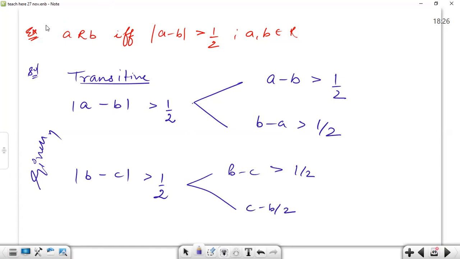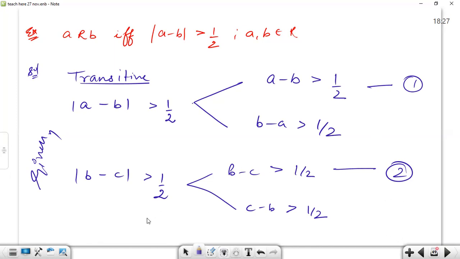Okay. c minus b is greater than half. So let's say this condition is opening like this, and this is opening like this. We are considering that a is greater than b and b is greater than c.